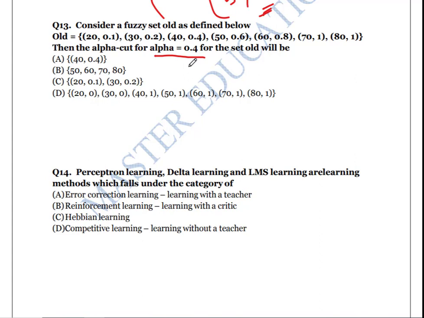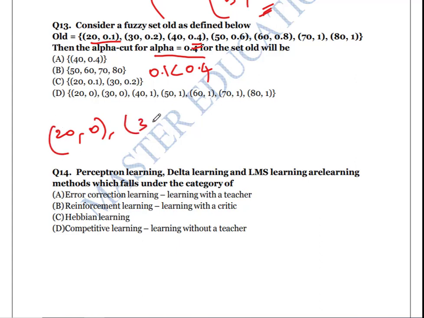Wherever the value is less than 0.4, you have to give the value 0, and wherever the value is 0.4 or greater than 0.4, you have to apply 1, that is it. For 20, the alpha cut is 0.4, and this 0.1 is less than 0.4, so you just put 0.